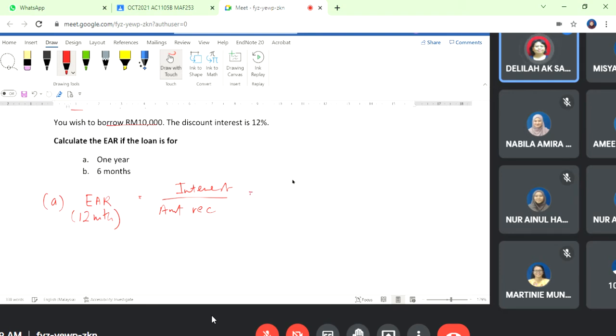So the interest is calculated by taking 10,000, the amount that you want to borrow. Interest is 2% for 1 year. Unfortunately, okay, the amount you receive is not 10,000. The amount received is going to be less because kita akan tolak interest ni. Okay, interest here is 1,200. So kita tolak 1,200 from that 10,000.